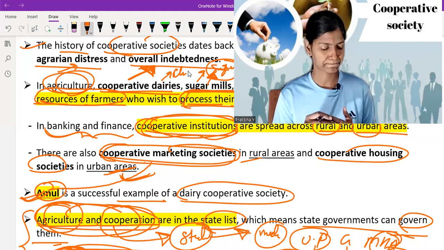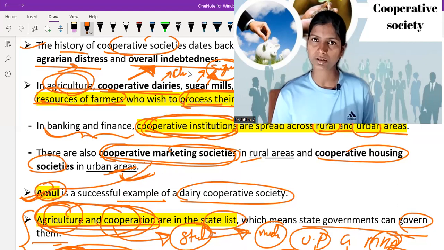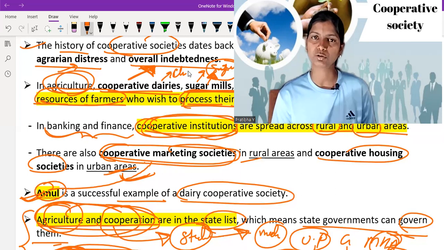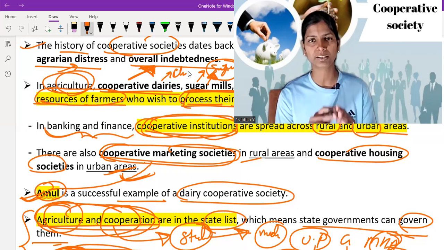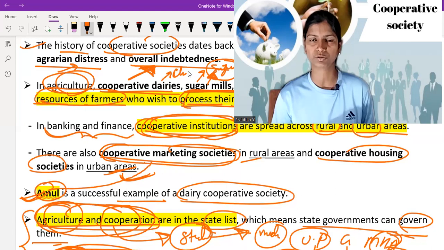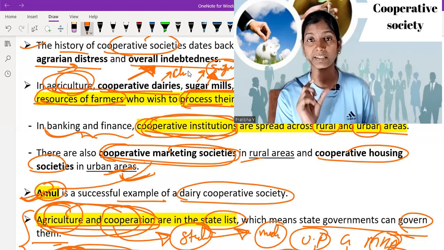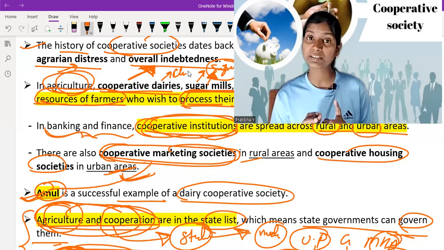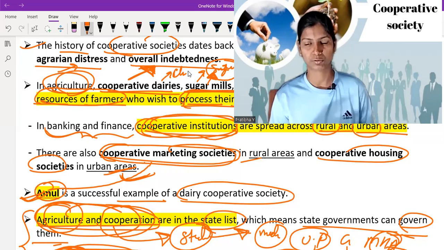Sugar, cotton, and milk are part of agriculture and livestock. So the majority of the cooperatives are governed by state laws. I hope you understand the whole idea of cooperative societies, and you can take Amul as a successful example of a cooperative. We see cooperatives in the pre-independence era also.